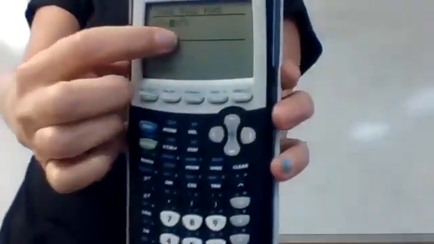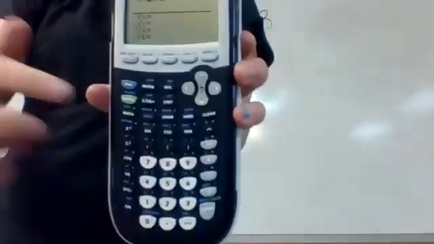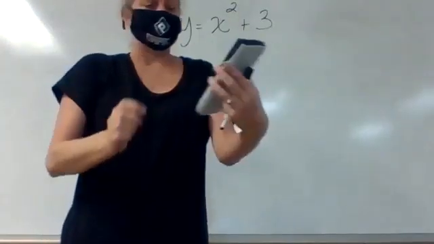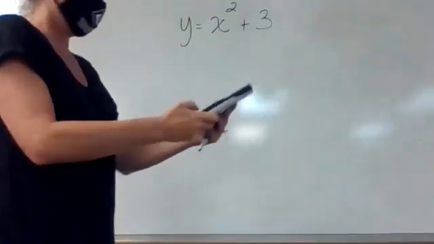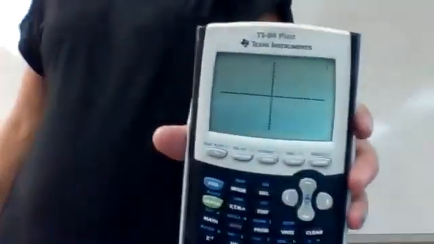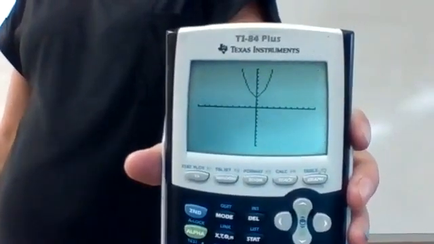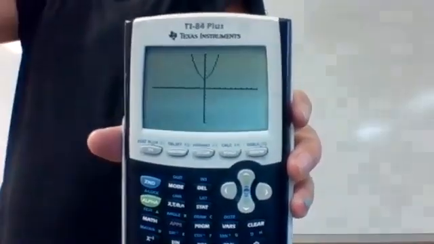So just make sure, you should be able to see where your cursor is blinking. If it's still up in the exponent by the 2, just hit this little right arrow. That's what gets it out. Then what? Plus 3. So this again should be another U shape, because the x is squared.